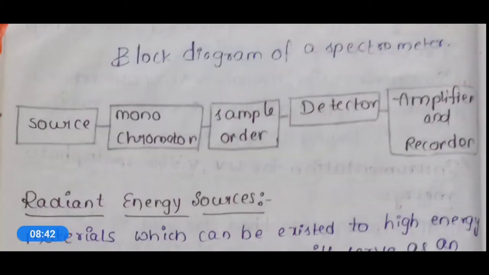See this block diagram of a spectrometer. Here a light source will be there, and after the light source a monochromator, and next the sample holder. That is the place where we will place the sample. The next one is the detector, and after that an amplifier and recorder, which are present in association with the detector.